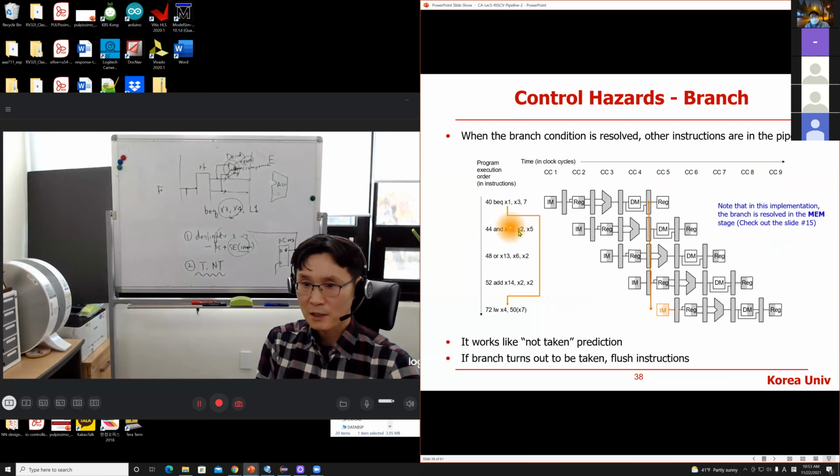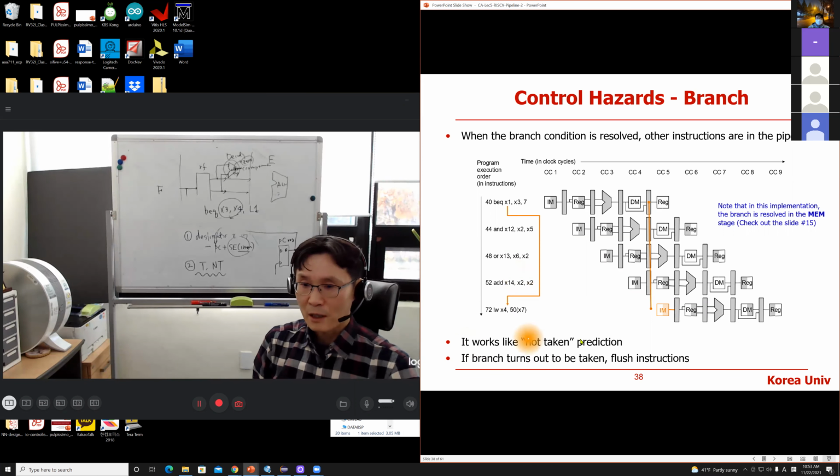These three instructions, the AND instruction or addition instruction, are in the pipeline inside the CPU. So you have to remove these three instructions from the CPU. Remove means change those instructions into no operation by hardware.